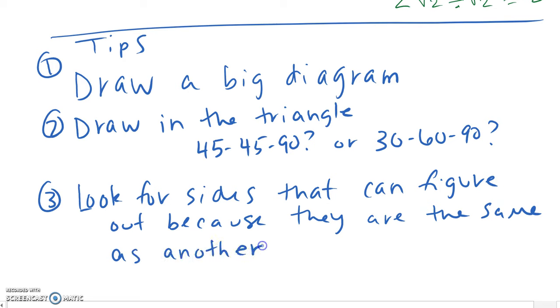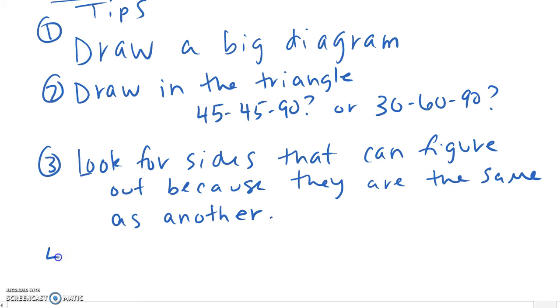On that rectangle, if the top was 5, the bottom has to be 5. That's important. You're looking for any sides that you can figure out because they are the same as another. You are going to want to obviously solve the triangle.